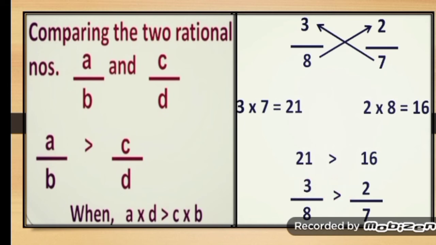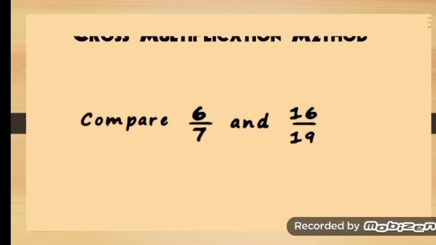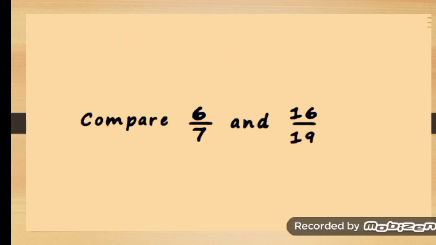Next, there is a video for you for this cross multiplication method. Let's watch. To compare two rational numbers, 6 by 7 and 16 by 19. Up until now, we have seen a very logical way of comparing two rational numbers. If the denominators are the same, the rational number with the greater numerator is greater.